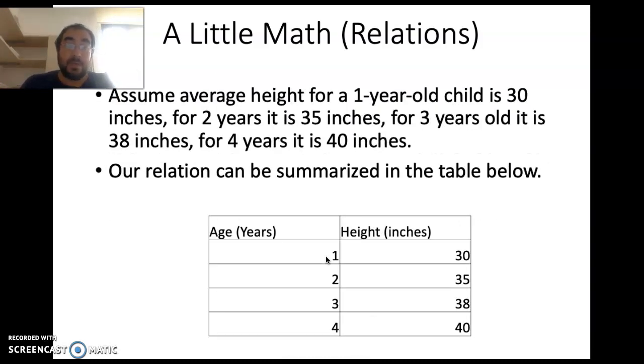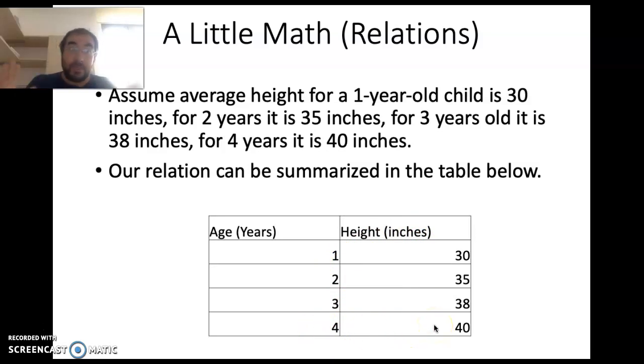For example, if we say, those numbers might be taken from the real world. A 1-year-old child is 30 inches. That's for the United States, but let's keep the inches. A 2-year-old child is 35 inches. A 3-year-old child is 38 inches. A 4-year-old child is 40 inches. Then our relation can be summarized like this. For the year 1, we connect 1 in the age column to 30 in the height column, 2 to 35, 3 to 38, 4 to 40.